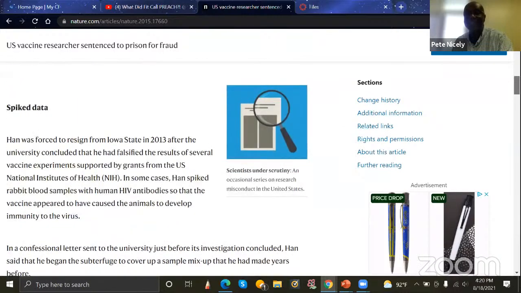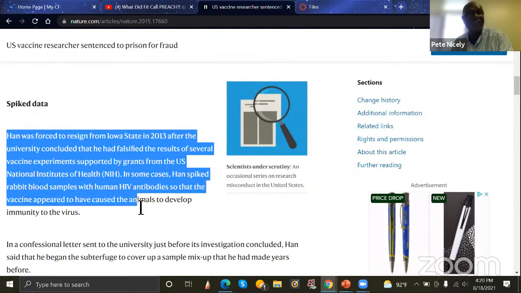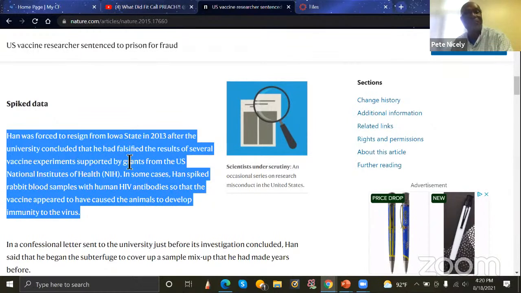And just to give you a taste of what he did, let me highlight this part here. It says here that Han was forced to resign from Iowa State in 2013 after the university concluded that he falsified the results of several vaccine experiments supported by grants from the US National Institutes of Health.